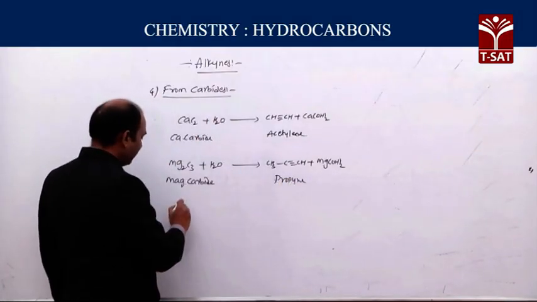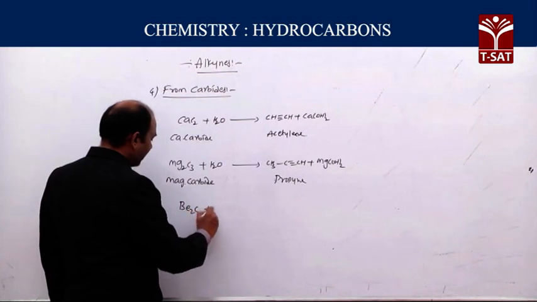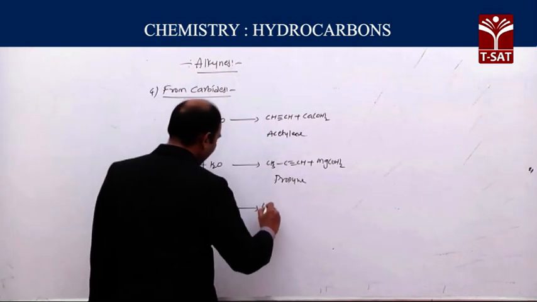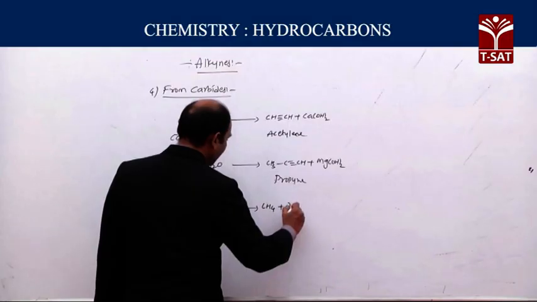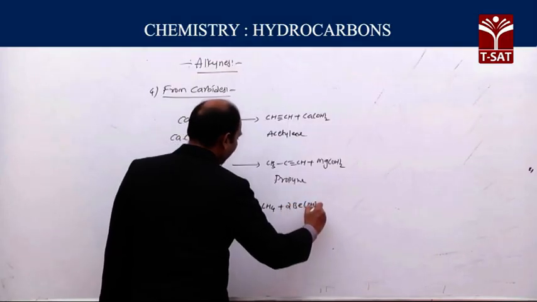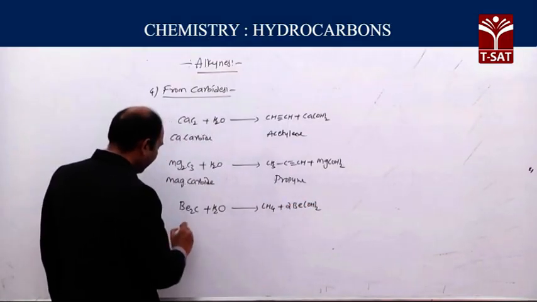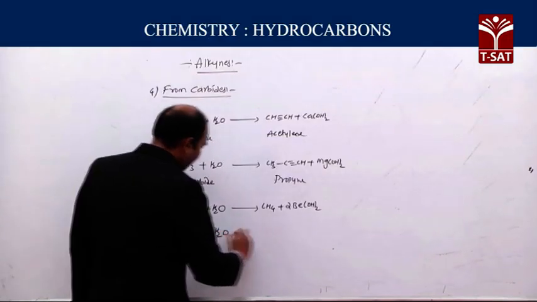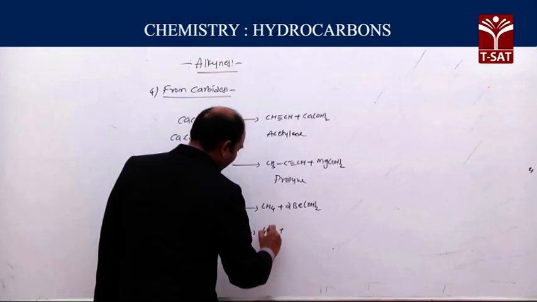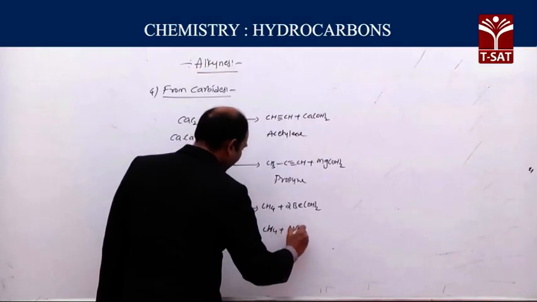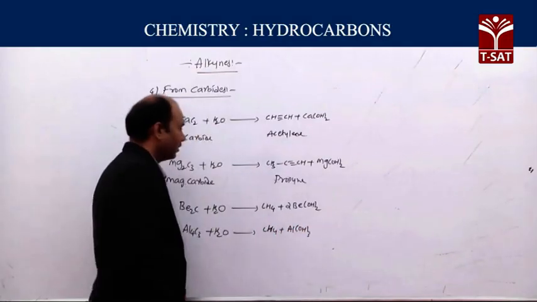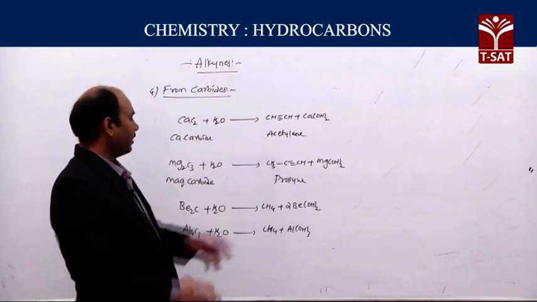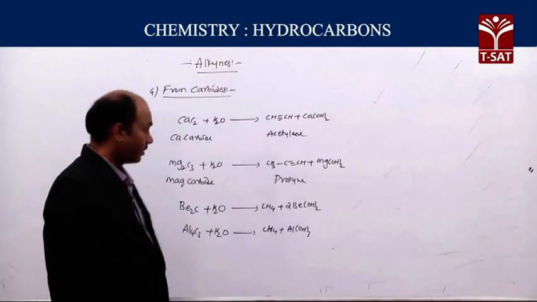Next, beryllium carbide on hydrolysis gives methane, CH4, plus 2 Be(OH)2. Aluminum carbide, Al4C3 plus H2O, gives CH4 plus Al(OH)3. By carbides we can prepare alkynes and also alkanes.